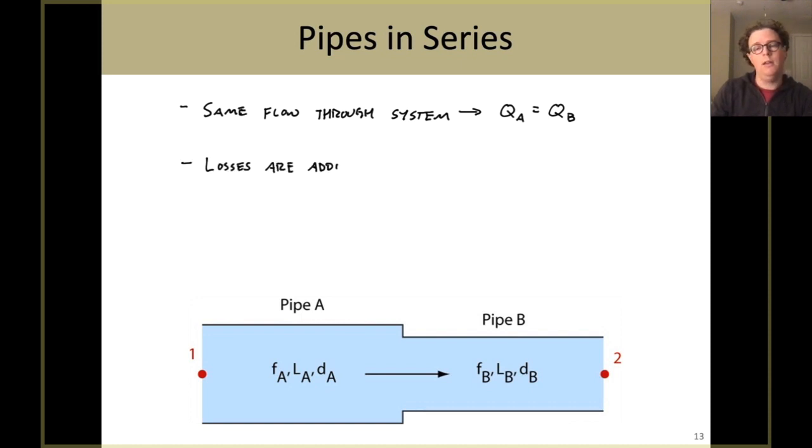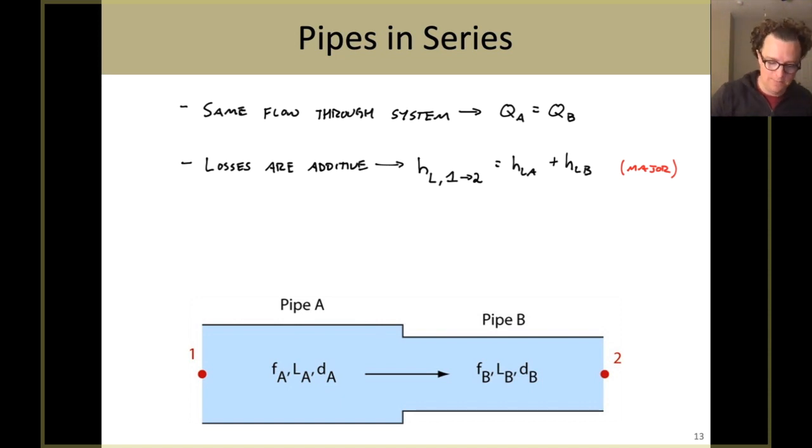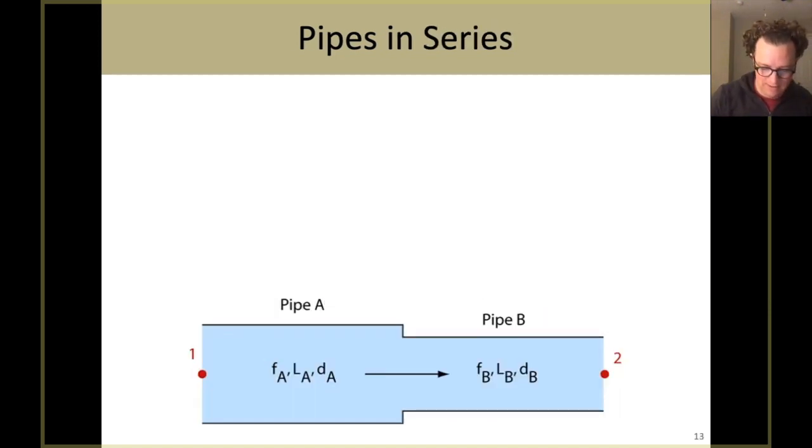However, what is not necessarily the same is the losses. So if you want to know the head loss from 1 to 2, it's the head loss in section A plus the head loss in section B. That would be how we might calculate things like the major losses here. So the losses are additive here.